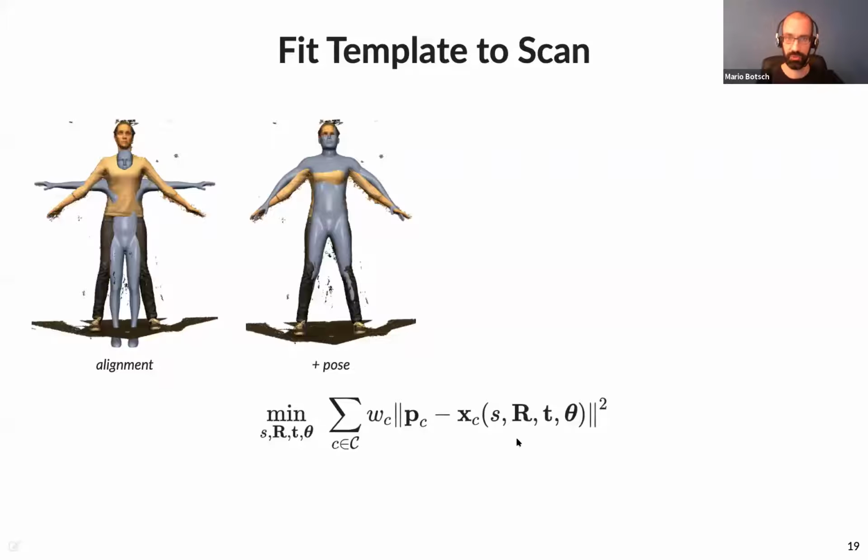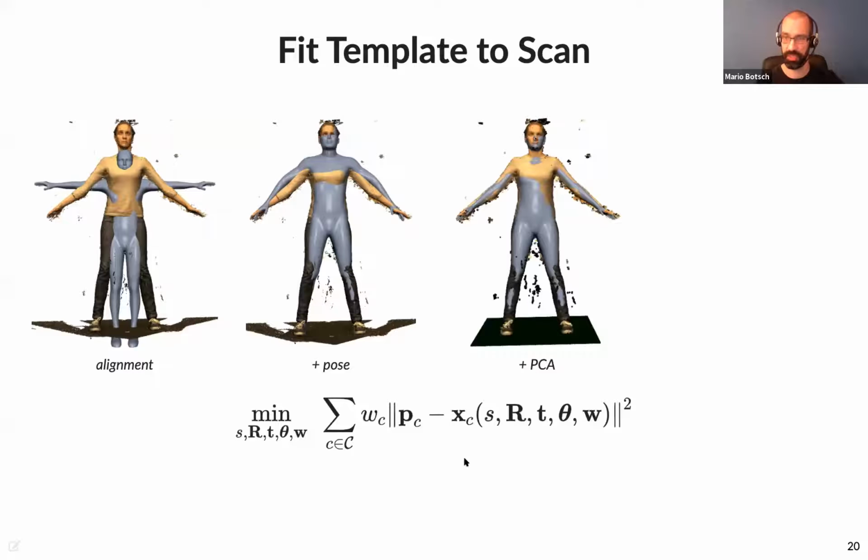And still we are not terribly accurate because the overall body shape of the template still is the average human being, or here the standard Autodesk generator template. But we have this 10-dimensional PCA that I showed you on the previous slide.